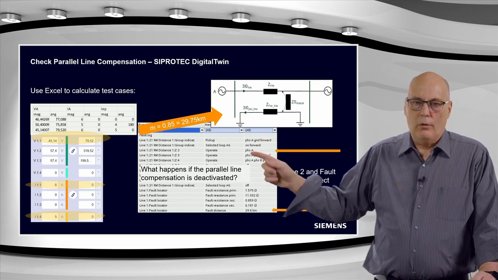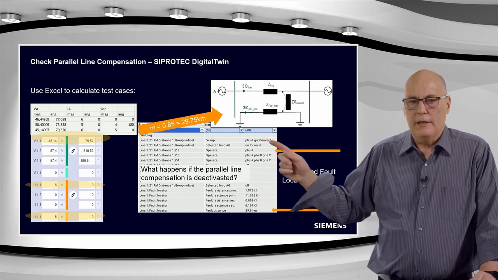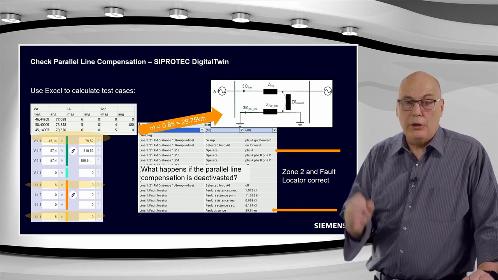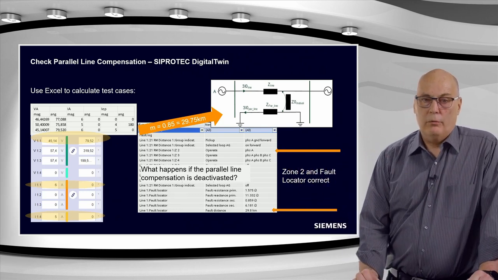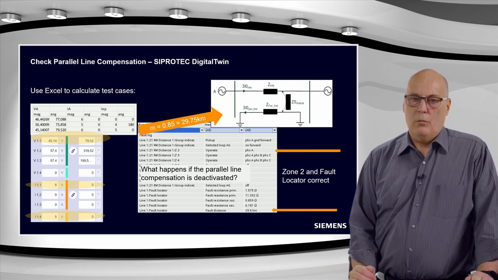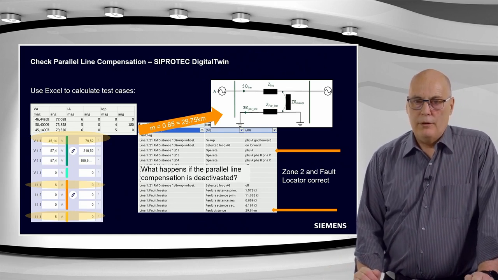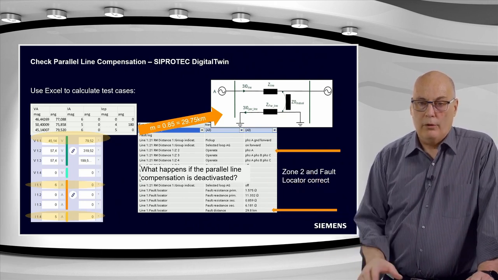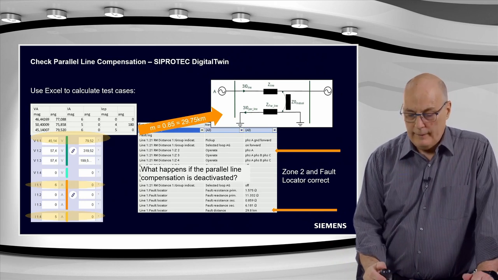This is the fault log for that test case, just to show there's a correct zone 2 operation, not zone 1. So distance protection did not overreach. The fault was seen correct at 85%, did not come into the 80% zone 1 setting. So that proves that also the distance protection is working correctly here. Only a zone 2 operate, no zone 1. And the fault locator there is also working correctly.